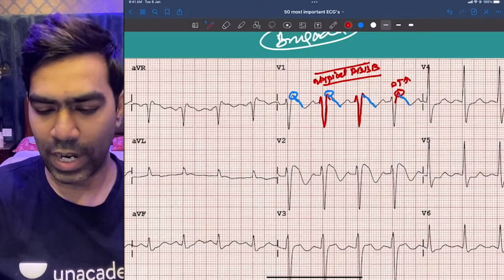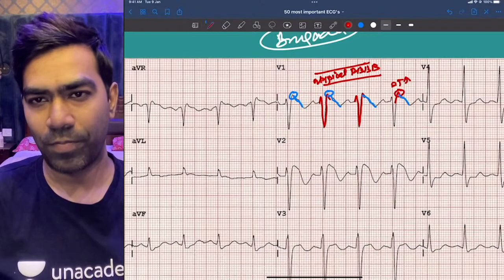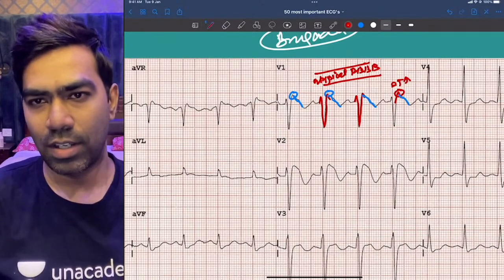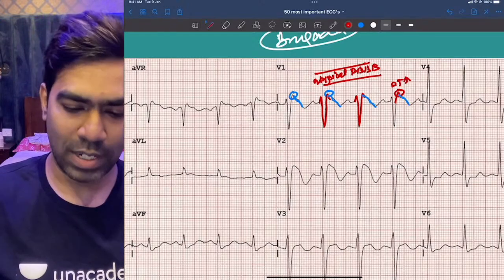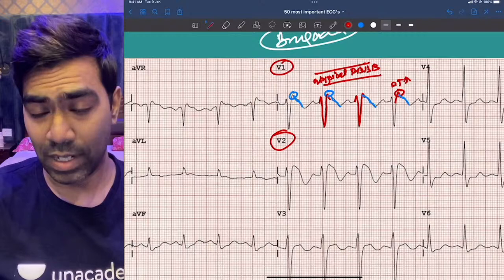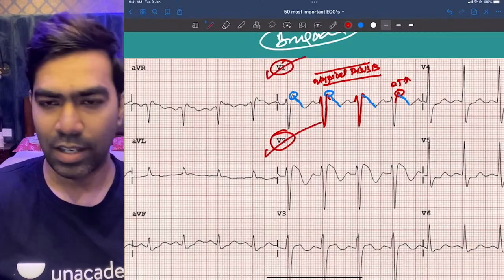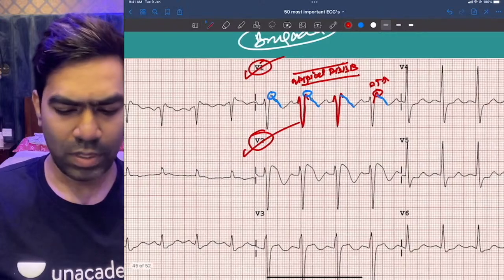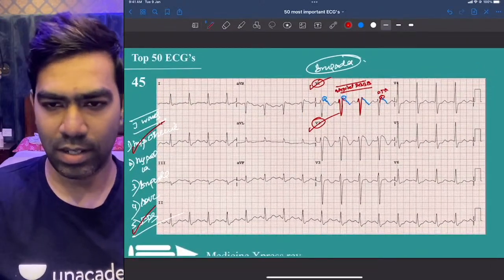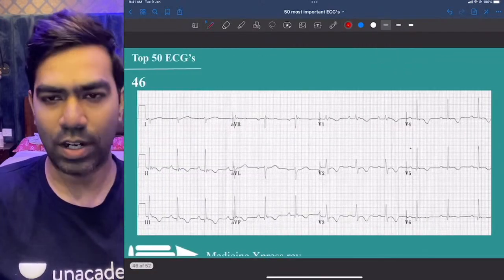So pseudo right bundle branch block, where you'll have a deeper S wave rather than a taller R wave, along with ST segment elevation and coving of ST segment, is characteristic of Brugada syndrome, and these changes will be very typically seen in leads V1 and V2, maybe plus or minus V3. And of course, these patients can have risk of sudden death during sleep, and you need to implant an ICD as the main treatment in patients who are symptomatic or having a family history of sudden death.